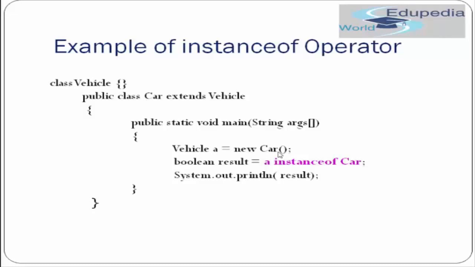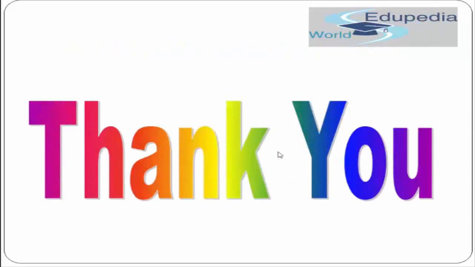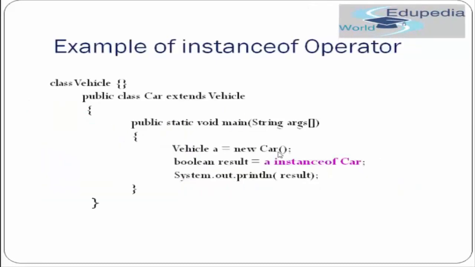We are creating an object of new Car, but the reference is of type Vehicle. Then we check, using a boolean result, whether a is an instance of Car, and then we print the result. The output for this, you should try it yourself, but it will be true because a is an instance of Car.